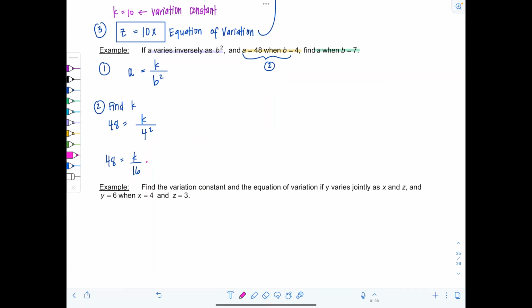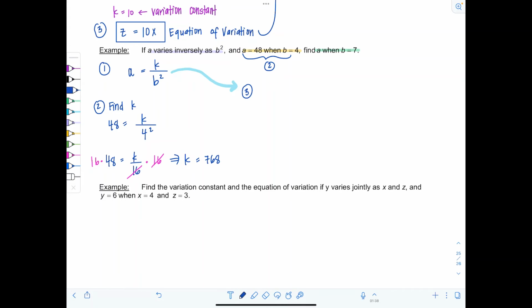How would I solve for k? I'd multiply both sides by 16 so that it cancels. And then we get that k is equal to 48 times 16. That's 768.